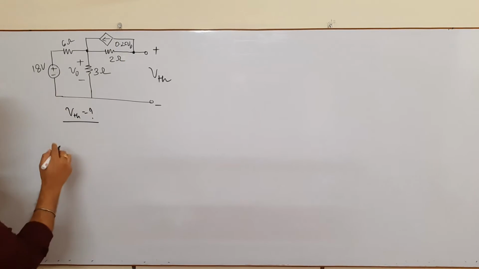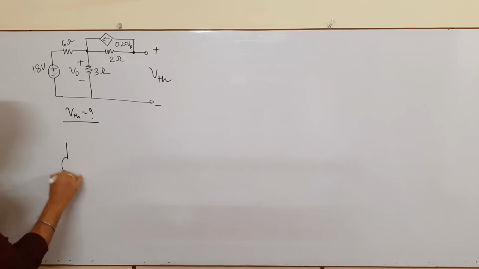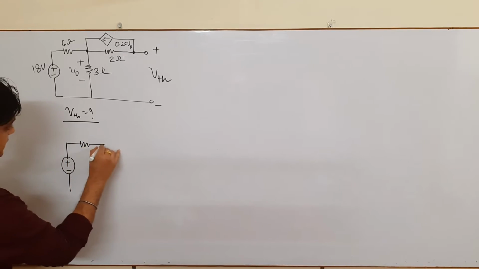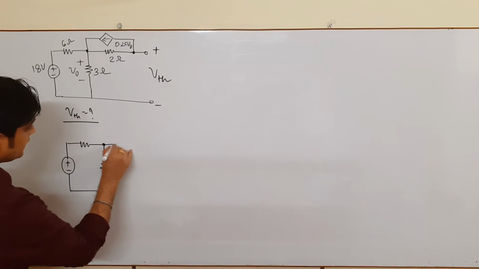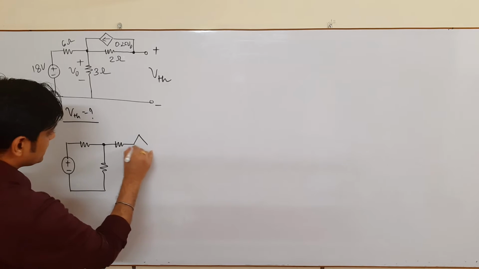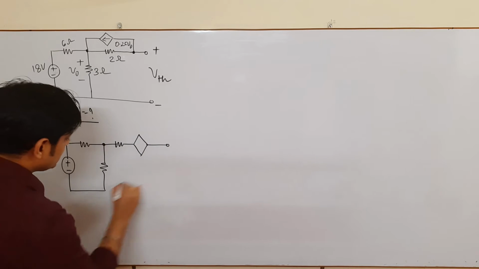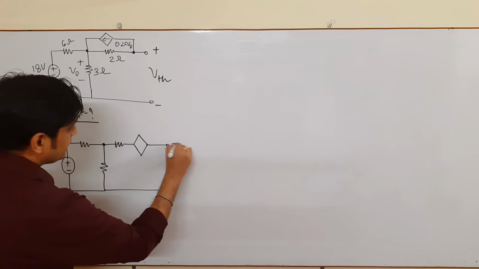So either you can apply a source transformation, which we will see here. Please see, this is your 6 ohm resistance, very simple. This is your 3 ohm resistance, and here I have applied a source transformation, and this is your VTH.